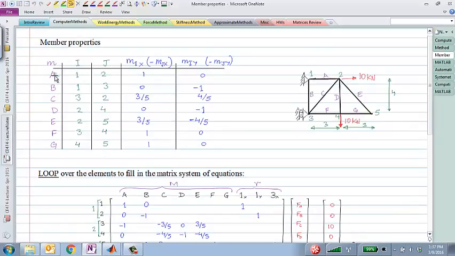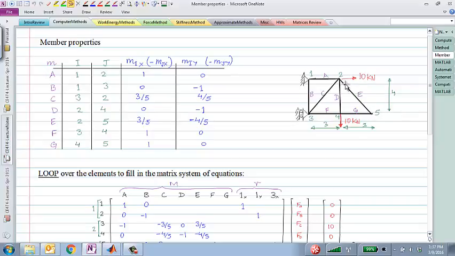We said element A, or maybe let me pick something else. Element E, for example, here. Element E is right here, connected to nodes 2 and 5. The X component of this element E that applies a force at node 2 is 3 divided by 5. So that's why I have a 3 over 5 here.